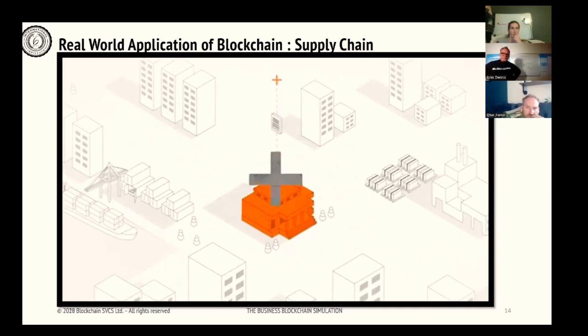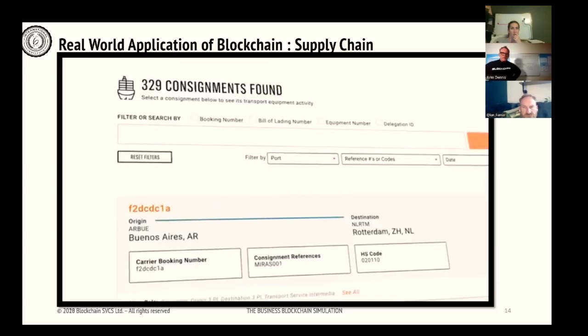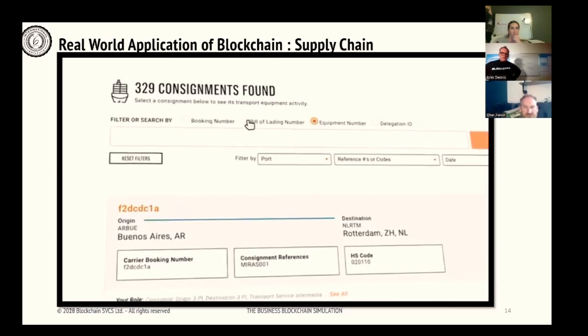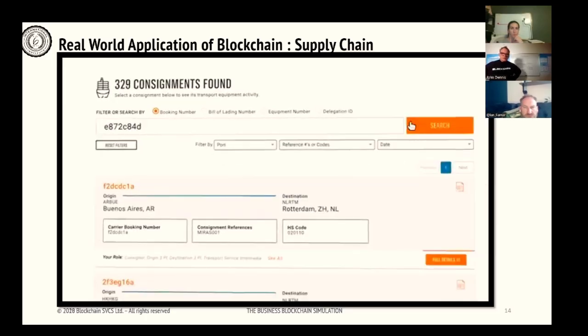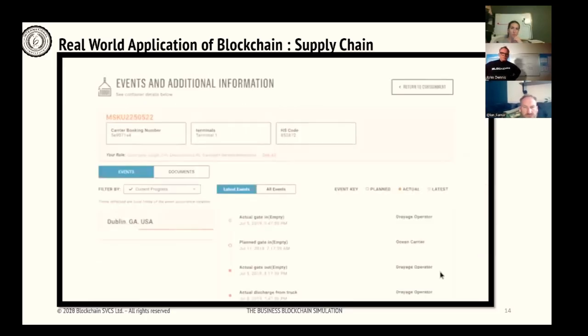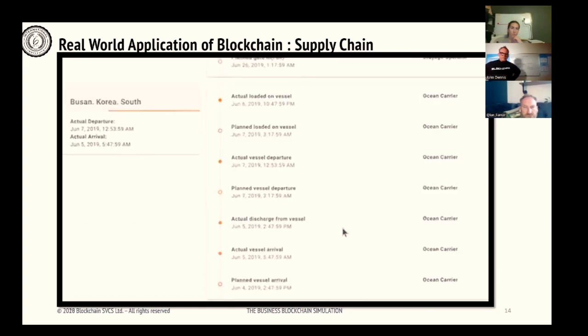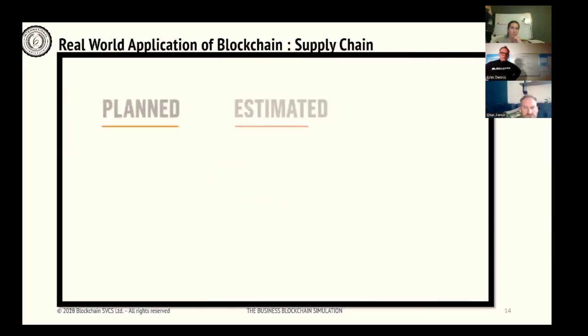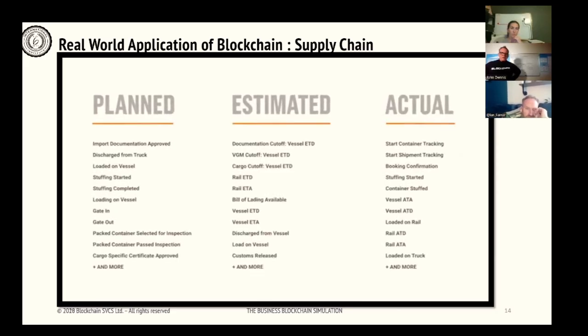With TradeLens, any permissioned party can find the shipment through a range of search parameters, such as equipment number, bill of lading number, booking number, and more. Viewing the transport plan, they can see the key milestones on the shipment's timeline. TradeLens supports more than 120 planned, estimated, and actual events, all tracked instantaneously, giving detailed insights up and down the supply chain.